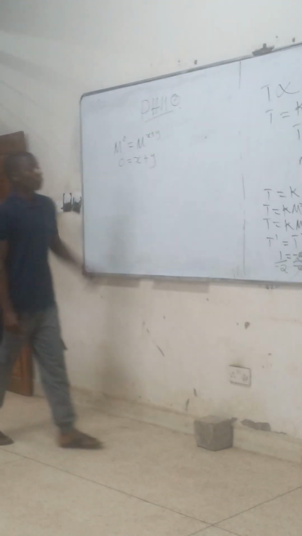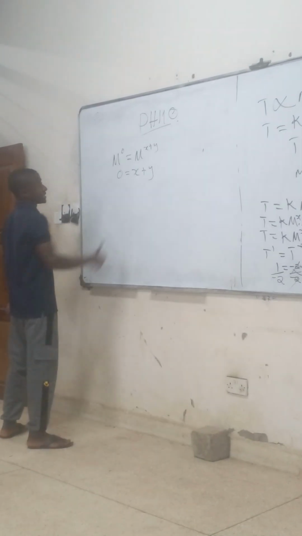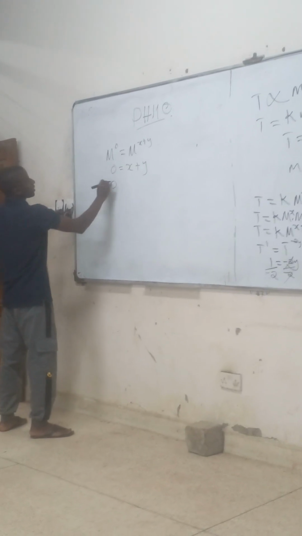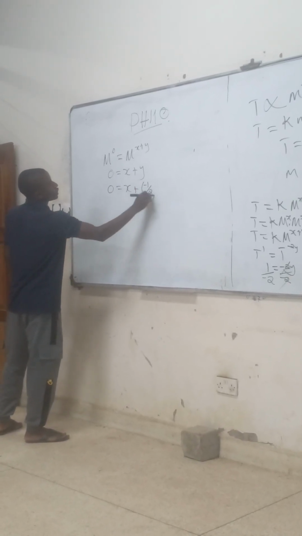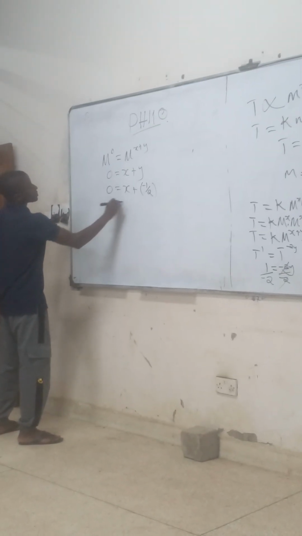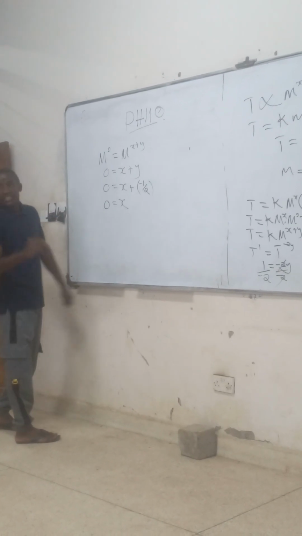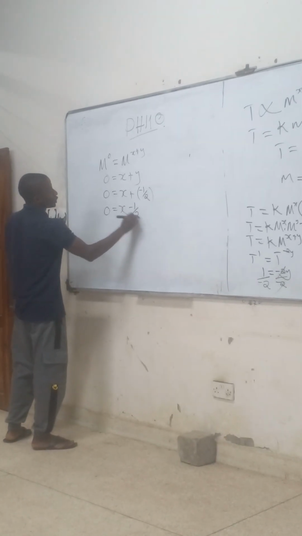And then there I have found the value of y. So just replace to find the value of x. That is 0 is equal to x plus negative 1 over 2. So that is 0 is equal to x, negative 1 over 2.